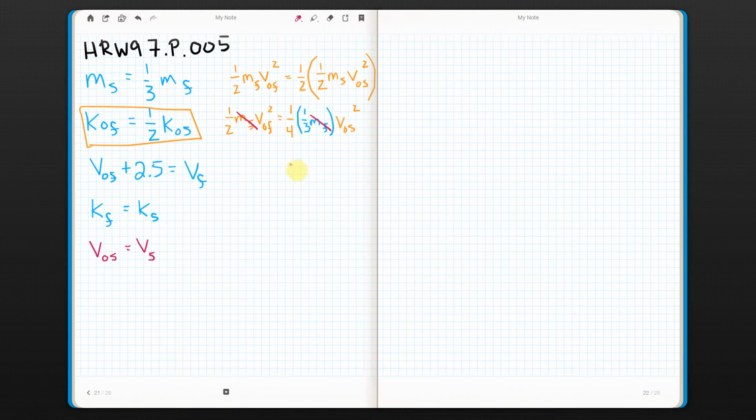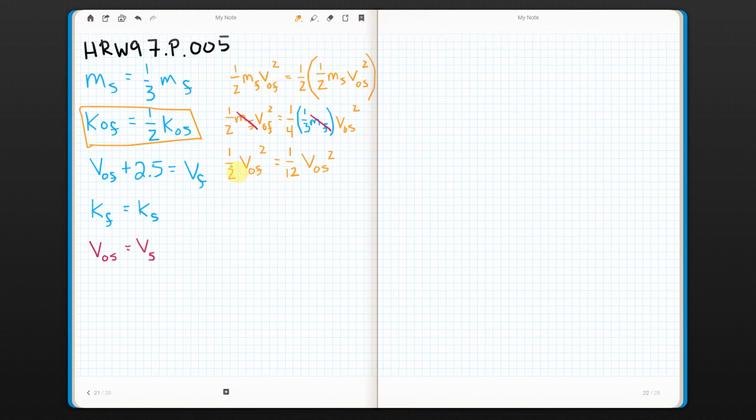So now what I have is 1/2 the initial velocity of the father squared equals, I've got a 1/4 times a third, so that's 1/12, and all that's left is the initial velocity of the son squared.